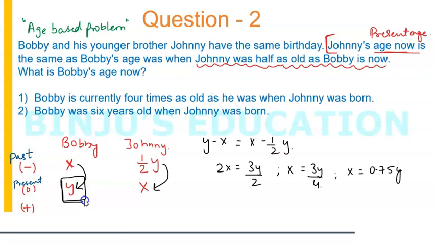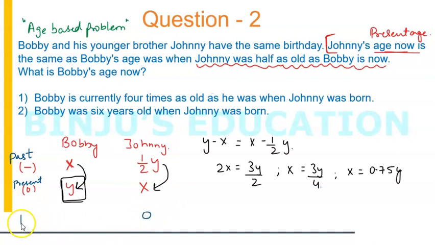First statement is Bobby is currently 4 times as old as he was when Johnny was born. Now, if we talk about when Johnny was born, first of all, I'm going to remove this plus sign because future is not required. Johnny's current age is X, so Johnny's age when he was born would definitely be 0.